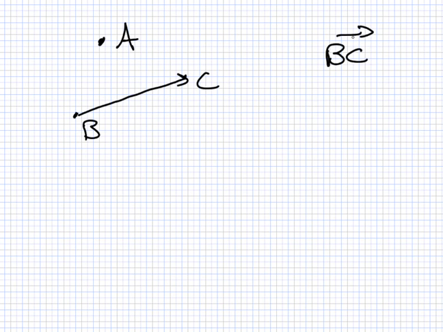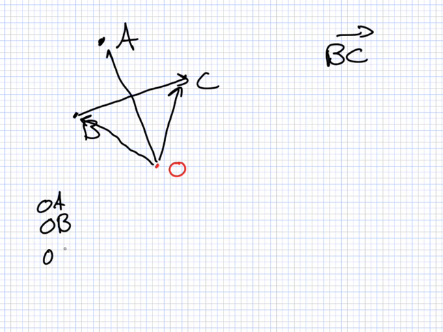Now, what we're going to introduce to our vectors is the idea of an origin point here, O. So for example, if I asked for OB, that would be there. Or if I asked for OC, that would be there, and OA, that would be there. So I could ask for OA, OB, and OC.